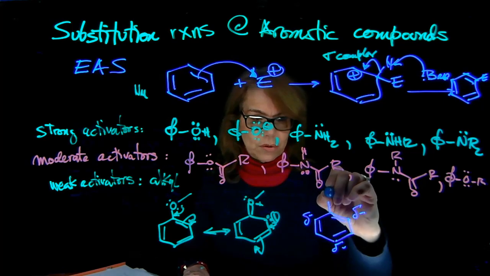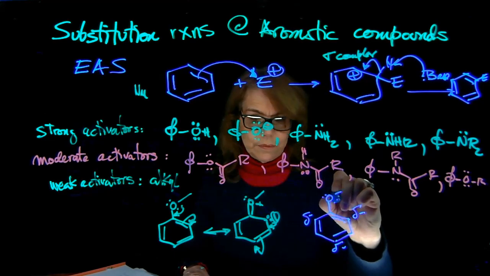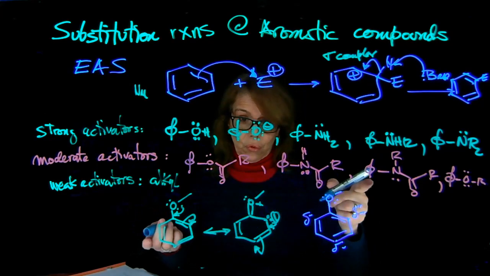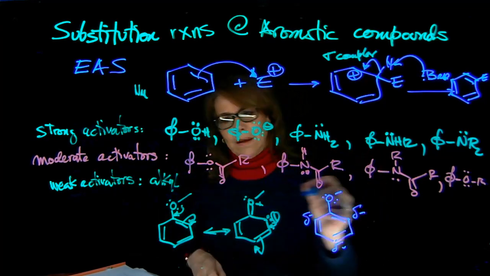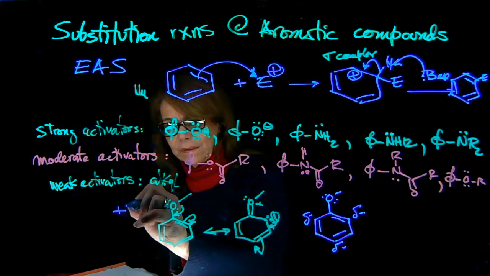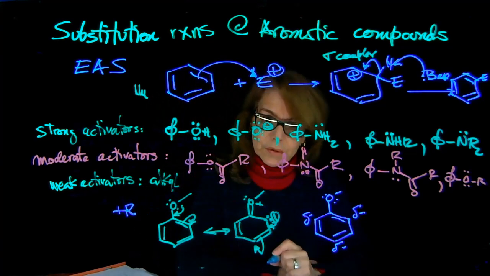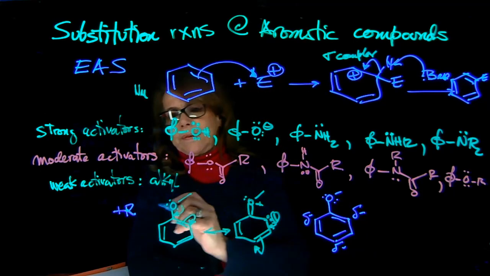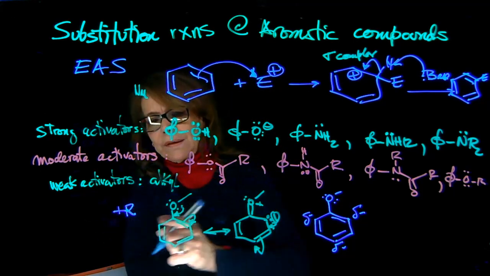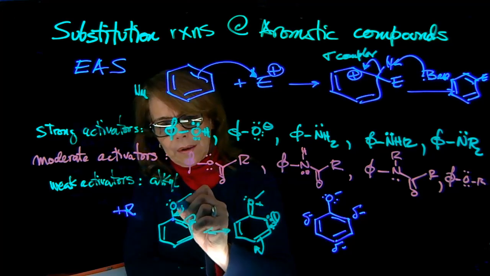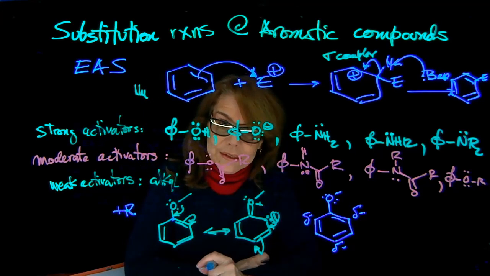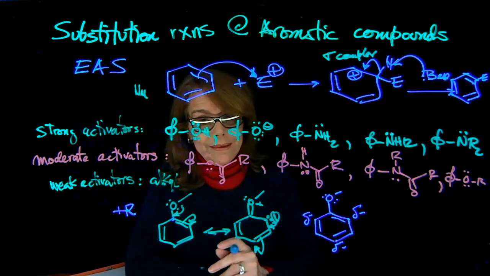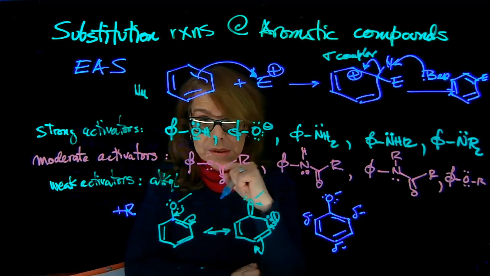So I'm going to name that, since this is richer in electron density at the ortho and para positions, when you have anisole, let's explain something. We said that this is due to a resonance effect. So we're going to say that this is donating electron density to the ring by resonance, so a plus R effect. However, we know that here between carbon and oxygen, there is a difference in electronegativity, and the dipole would be pointing towards the oxygen.